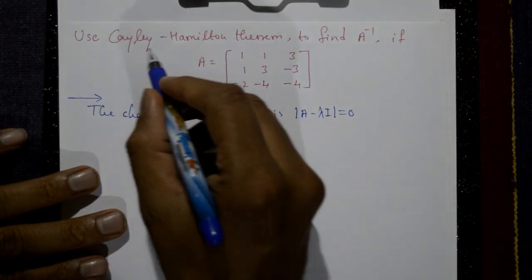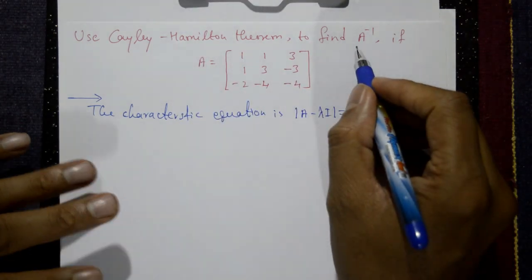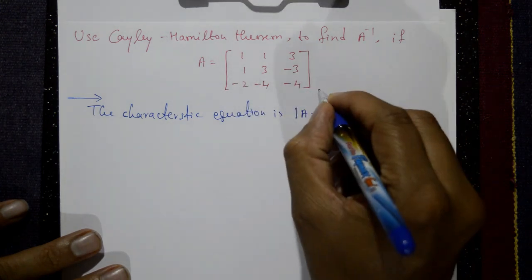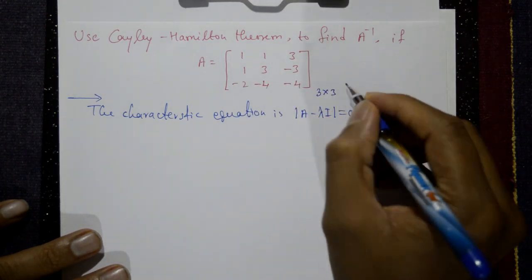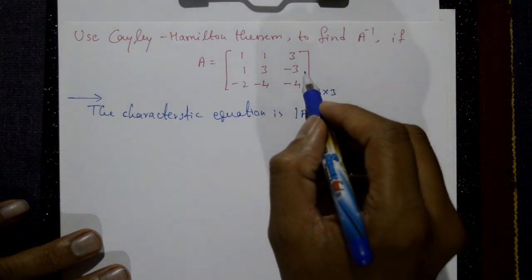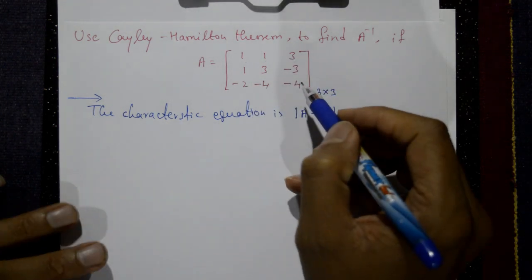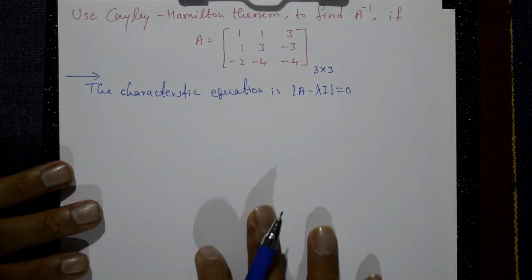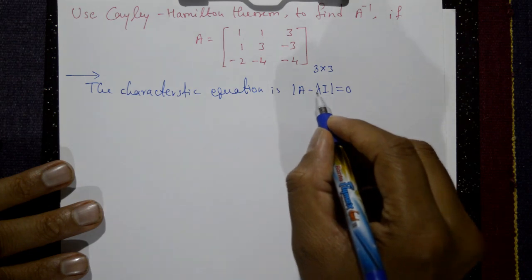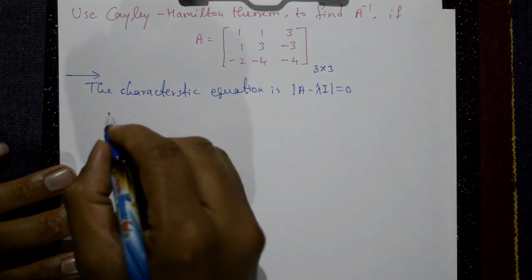Use Cayley-Hamilton theorem to find the inverse of A, if A is the given square matrix, 3 cross 3: 1 1 3, 1 3 minus 3, minus 2 minus 4 minus 6. Okay, now first the characteristic equation is determinant of A minus lambda I equal to 0.